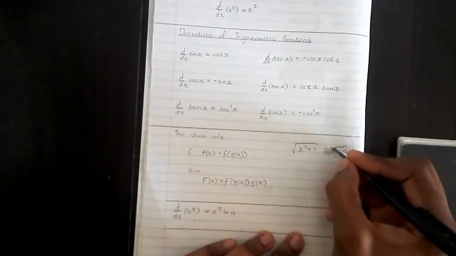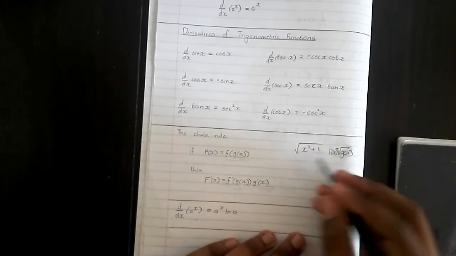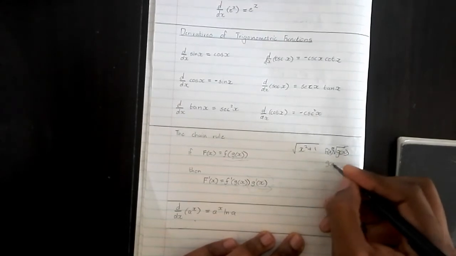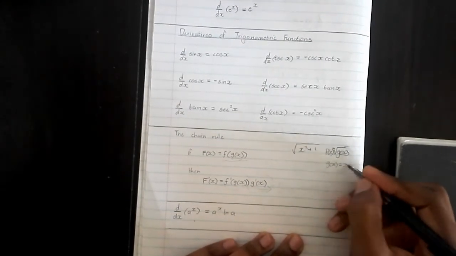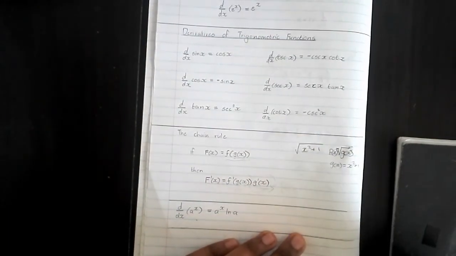So f(x) is the square root of the inner function, and x squared plus 1 is the inner function. I hope that makes sense.